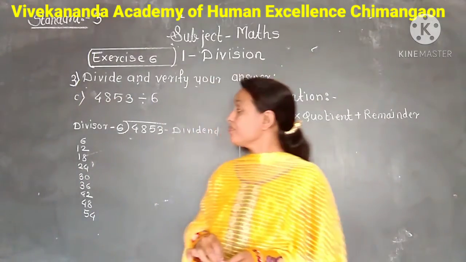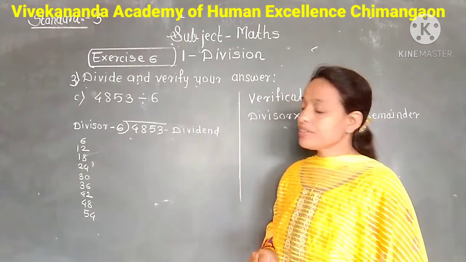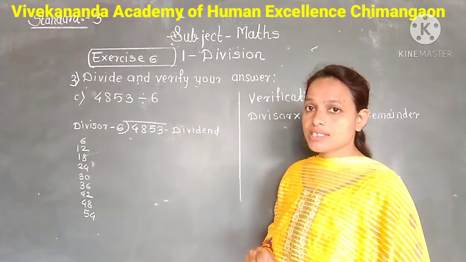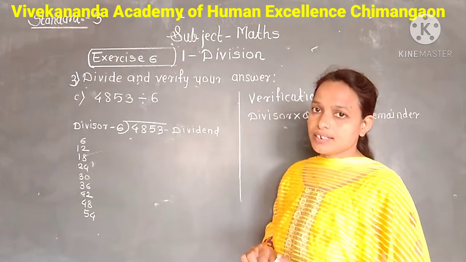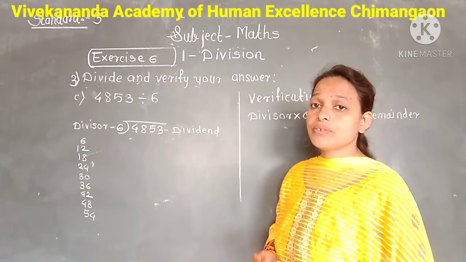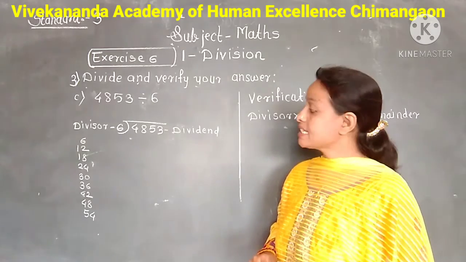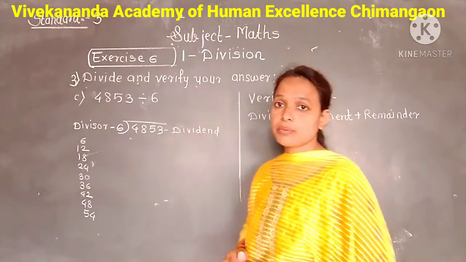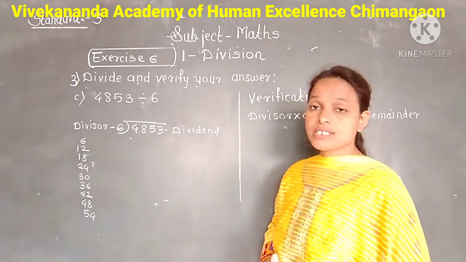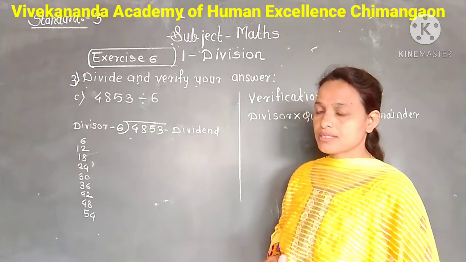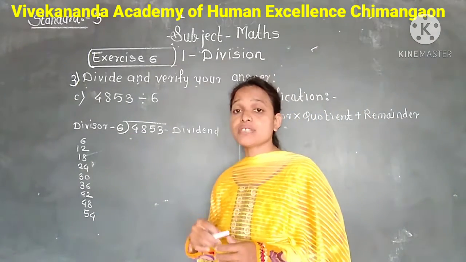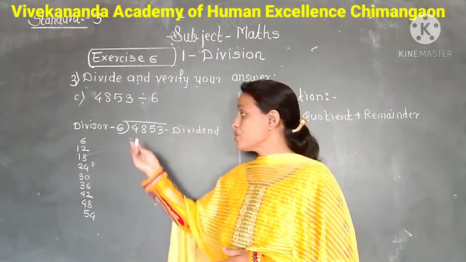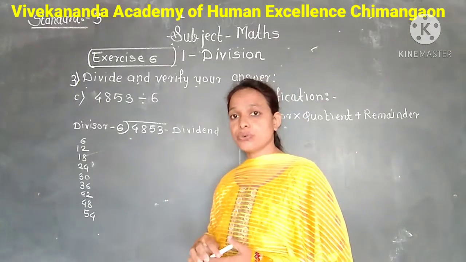Next example, 4853 divided by 6. So here 4853 is a dividend and 6 is a divisor. So first we write dividend and divisor in the correct places. Now here divisor is 6. So here we write multiplication table of 6. Now we start division from 1000 place. But here digit at 1000 place is 4, which is less than 6. So we choose 1000 and 100 digit together.